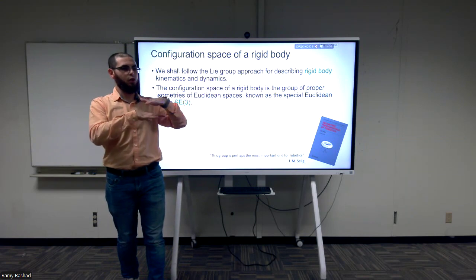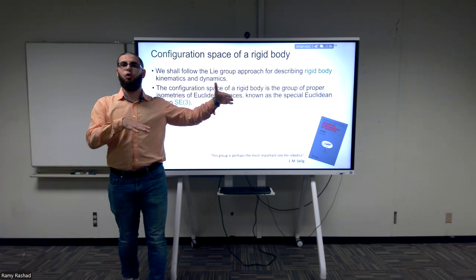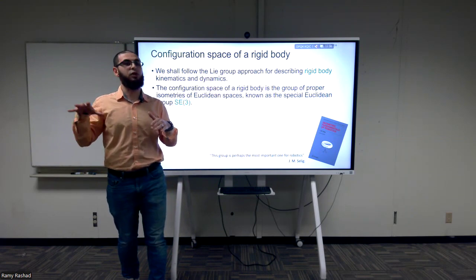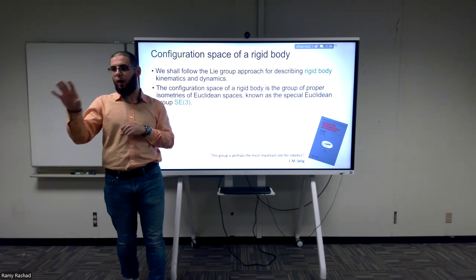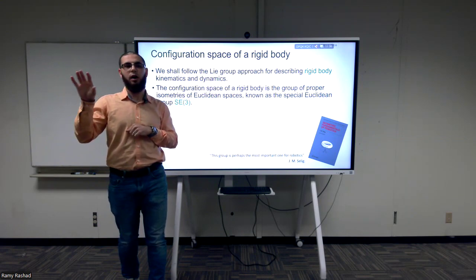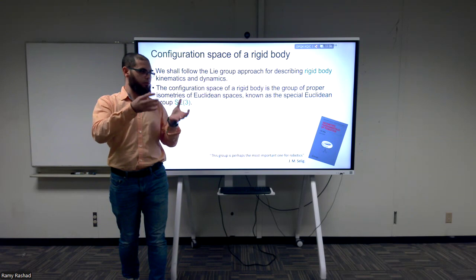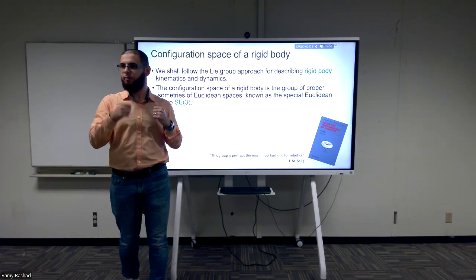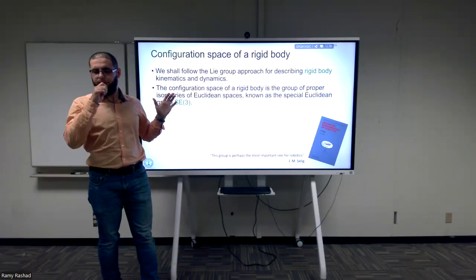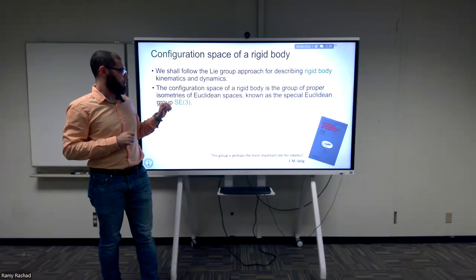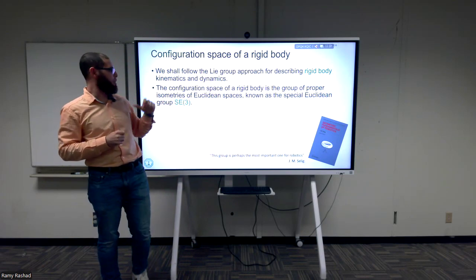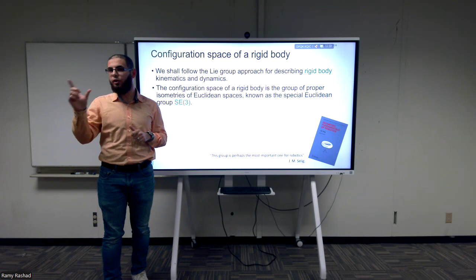We're going to be building it, connecting the abstract notions that we introduced earlier in differential geometry to this, and motivate why SE3, or why homogeneous transformations, are a good representation for the configuration of a rigid body. So we're going to be deductively deriving this notion. SE3 is called the special Euclidean group, and this is the configuration space of one rigid body.